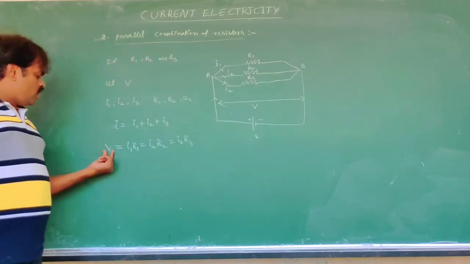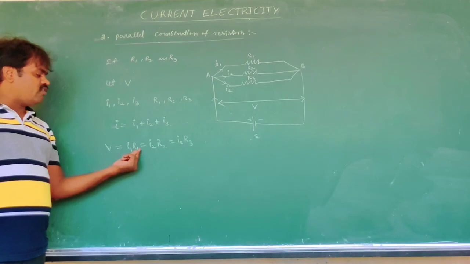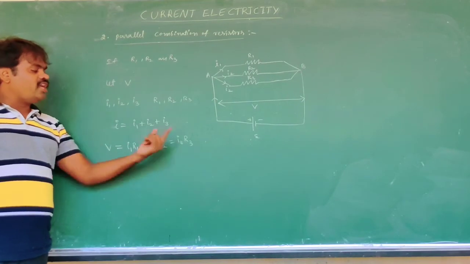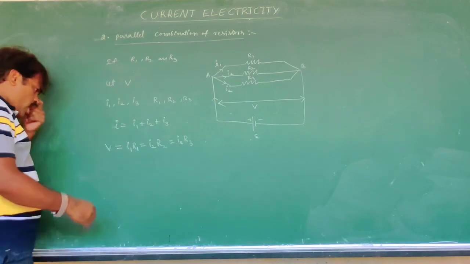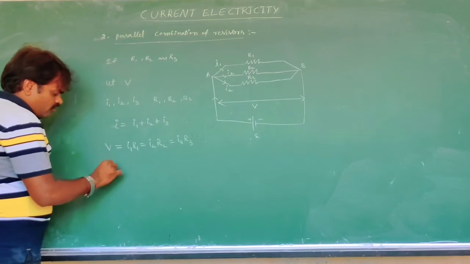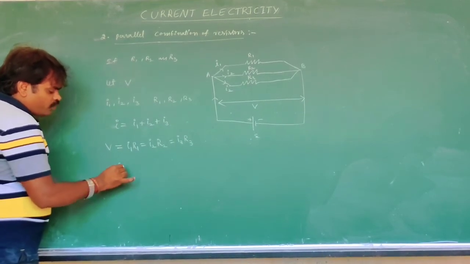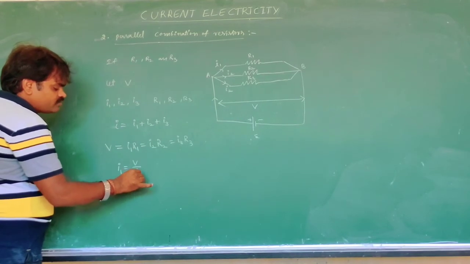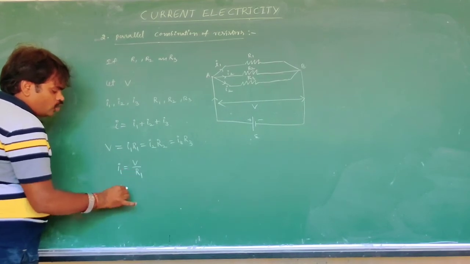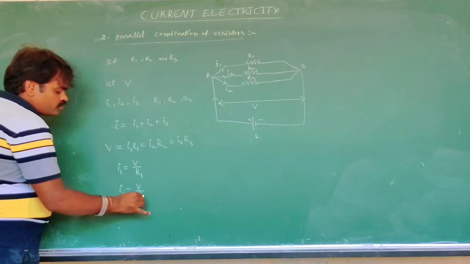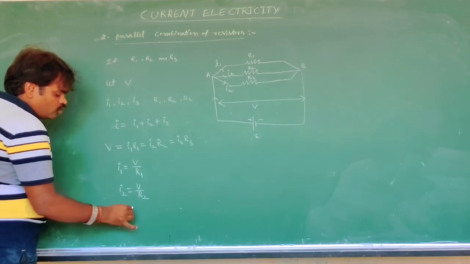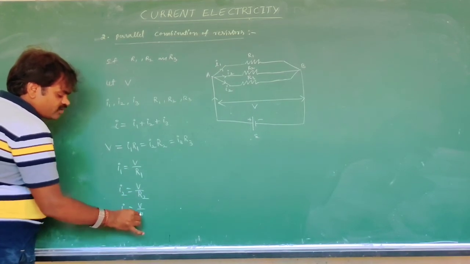Now I1 is equal to V by R1, I2 is equal to V by R2, I3 is equal to V by R3.